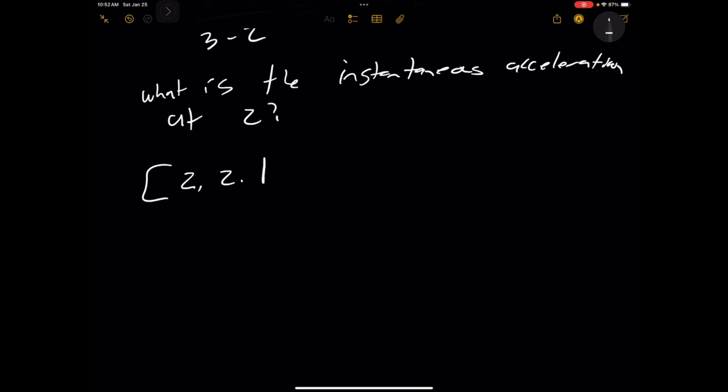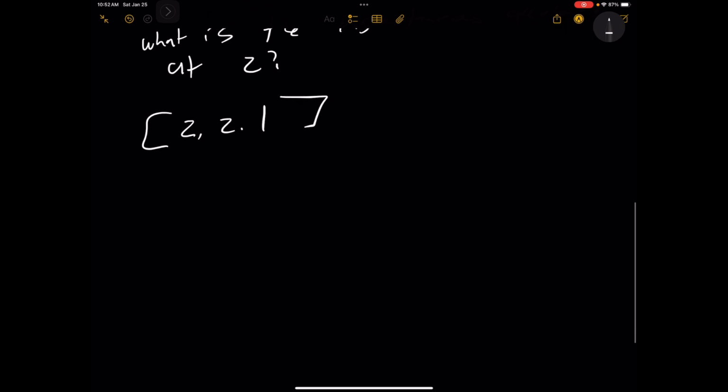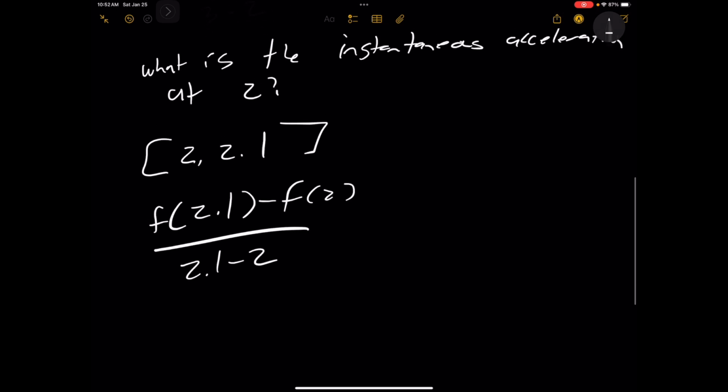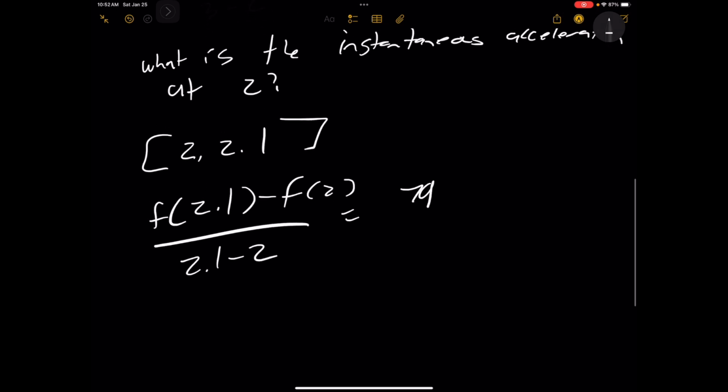2, 2.1. And if I look at 2.1, you don't have to do this math unless you have a calculator at hand, but f of 2.1 minus f of 2 over 2.1 minus 2 gives me 79.44 minus 86 over 0.1, which is about negative 65.6.